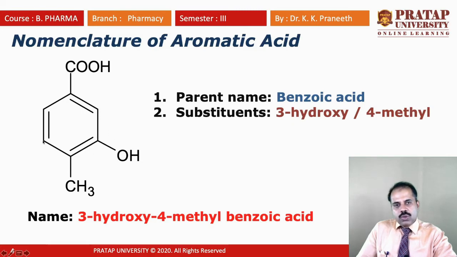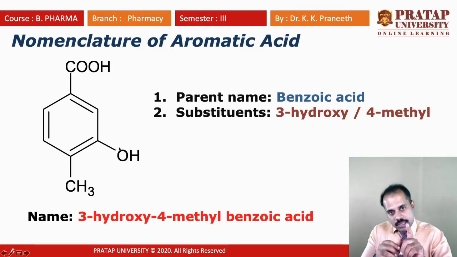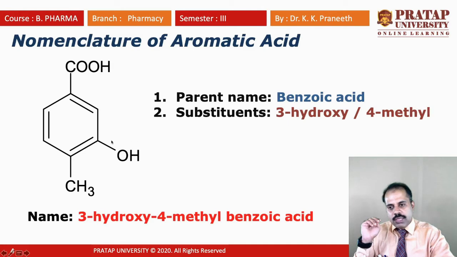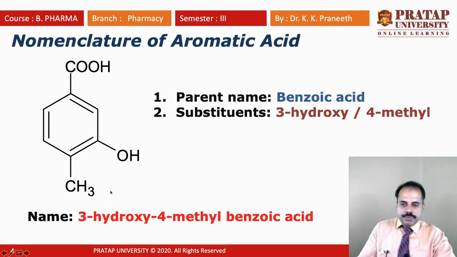In the third position there is no substitution here, it's only hydrogen. So whenever the substitution comes first, you should put that number. So this is the correct one: 1, 2, 3, third position hydroxy is coming, which is correct. If you come here, in the fourth position only the first substitution comes, so that is not correct. This way it is correct.